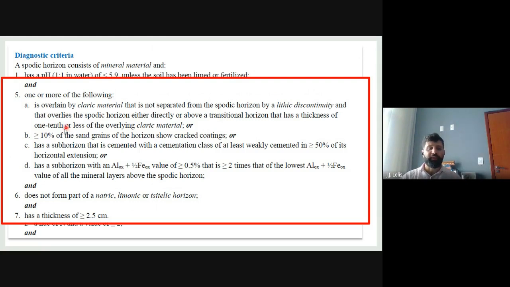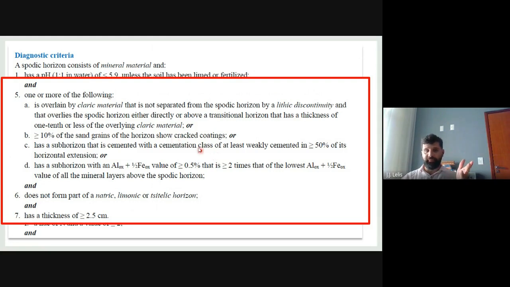Okay? If we present 10% or more of the sand grains, the structure of the sand grains of the horizon, it should present cracked coatings. So we can see, if it presents a loamy or silty or a clay texture, it should present cracks in this material.